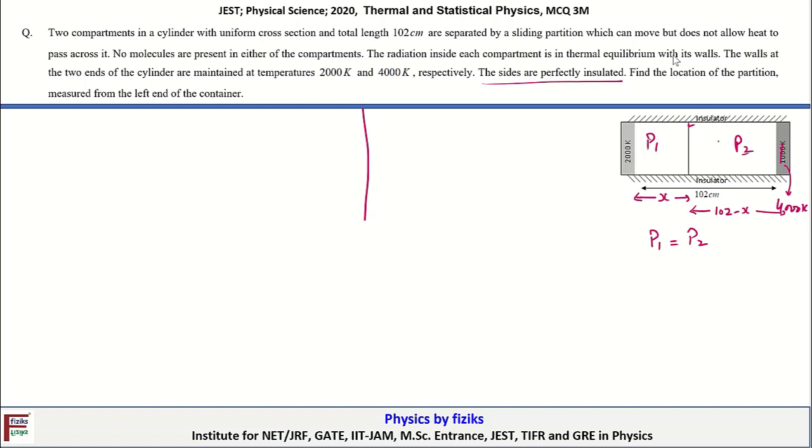Now, as we learned in statistical mechanics, when a system exchanges volume, the equilibrium is established when the pressure is the same on both sides. The pressure exerted by the radiation is equal to 1/3 of the energy density, that is, energy divided by volume.